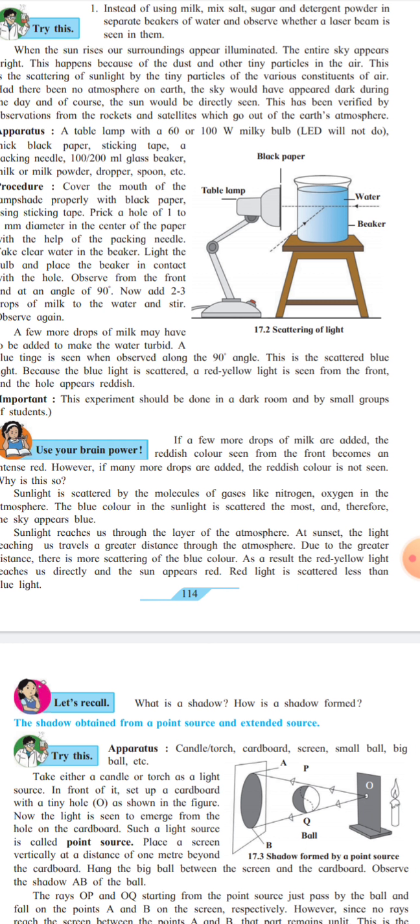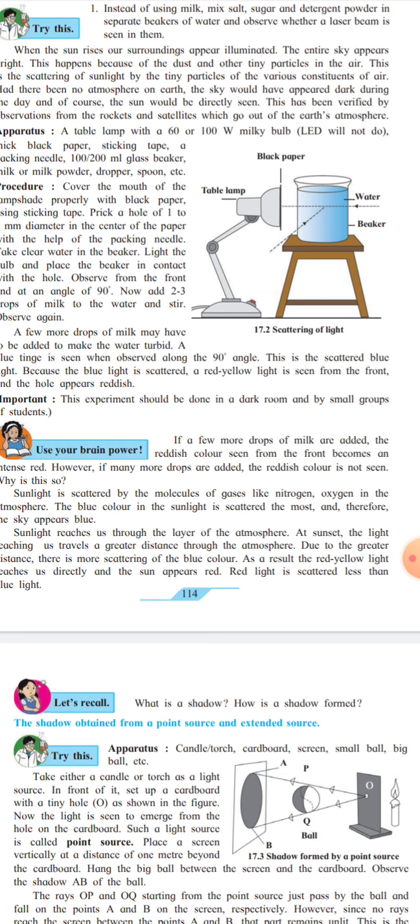At sunset, the light reaching us travels a greater distance through the atmosphere. Due to this great distance, there is more scattering of blue color. As a result, the red-yellow light reaches us directly and the sun appears to be red. Red light is scattered less than the blue light.